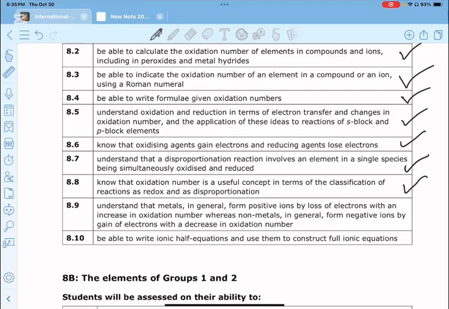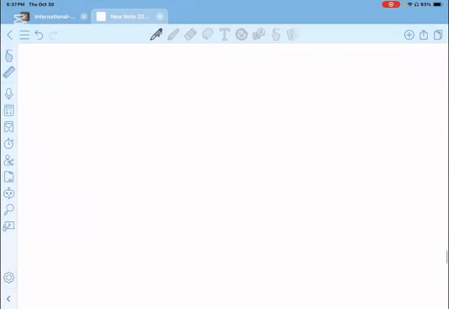Understand that metals in general form positive ions by loss of electrons with an increase in oxidation number, whereas nonmetals in general form negative ions by gain of electrons with a decrease in oxidation number. That basically means that metals in general, like sodium or aluminum, will undergo oxidation in ionic compounds or compounds in general.